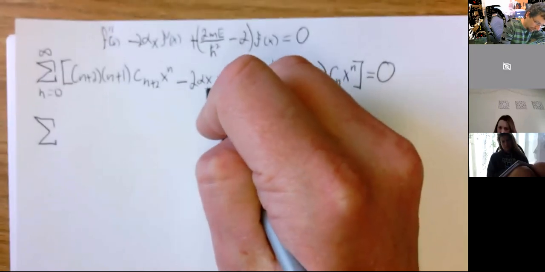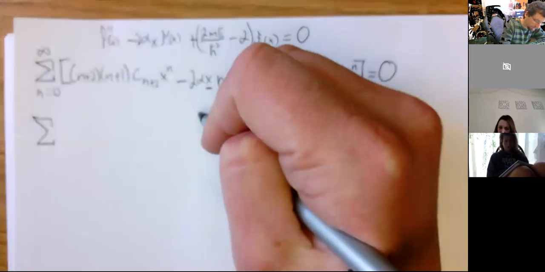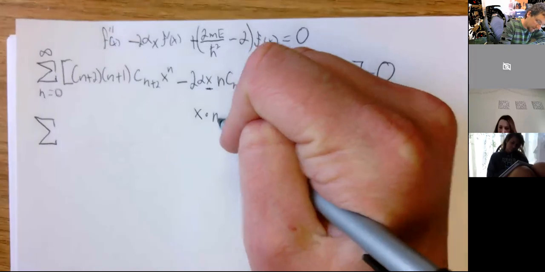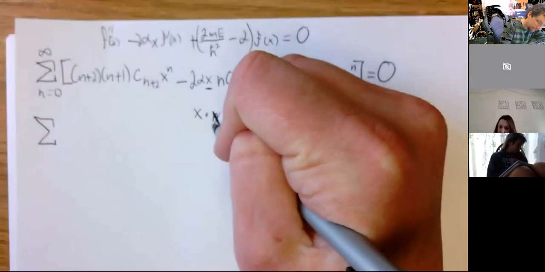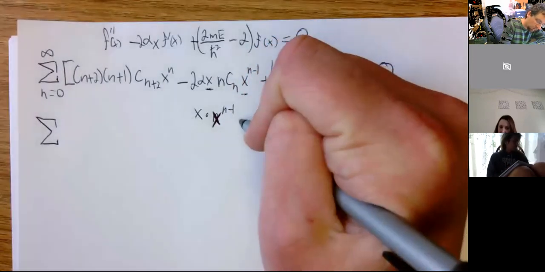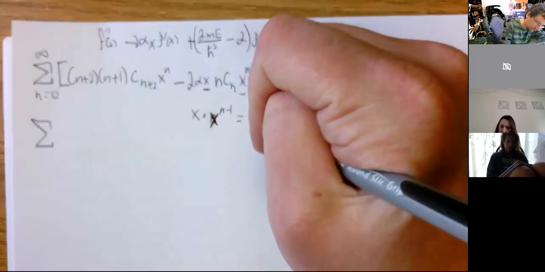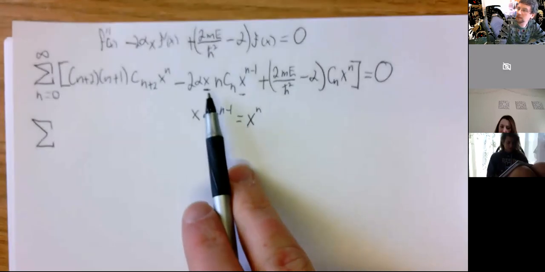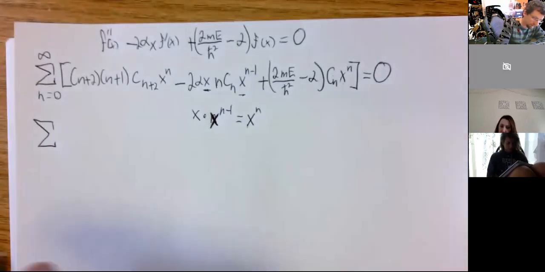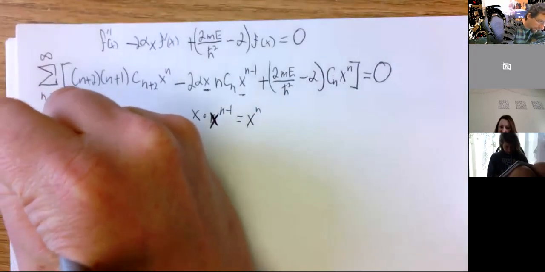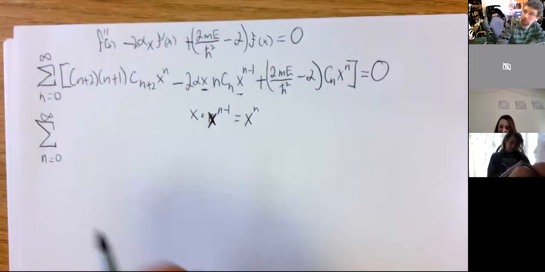So this one and that one, if we combine those together, if we have x times x^(n-1), what's that equal to? x^n. Yeah. So really, we have an x^n that we can pull out from all of this stuff. So sum from n equals 0 to infinity.